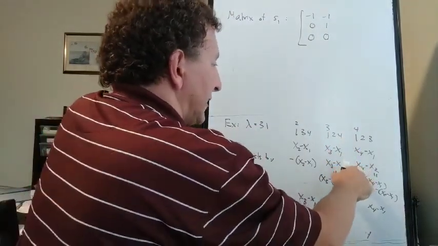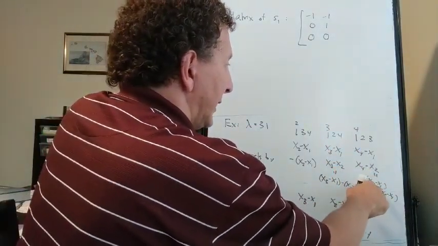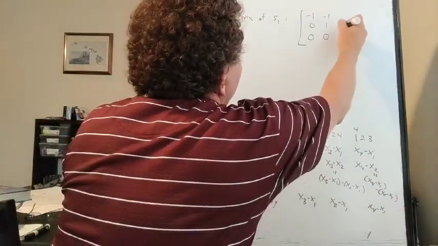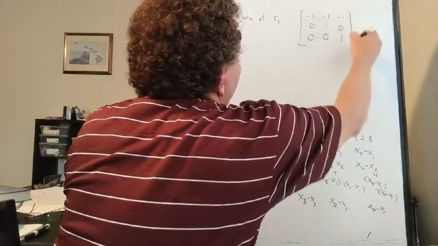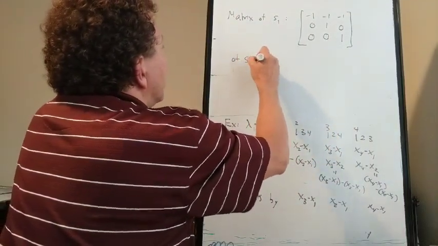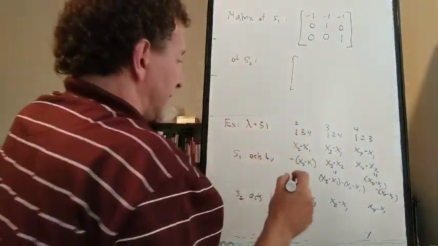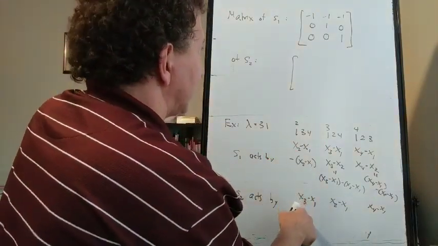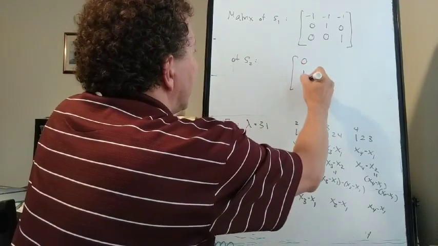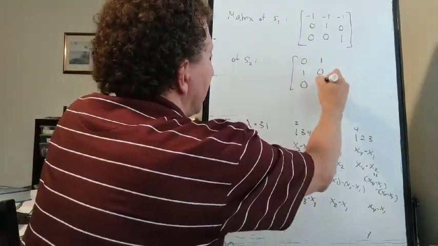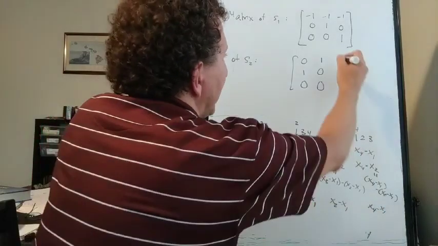And then the third basis element got mapped to itself minus the first basis element. So there's the matrix of S1. And the matrix of S2 is even simpler because the first basis element got mapped to the second. The second basis element got mapped to the first. And the third basis element got mapped to itself.